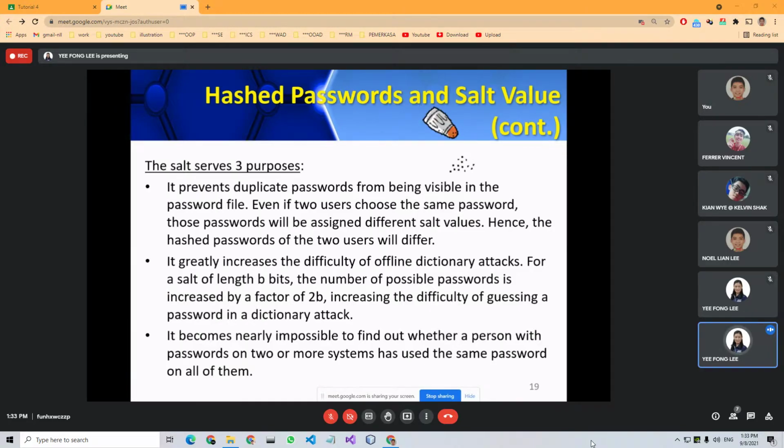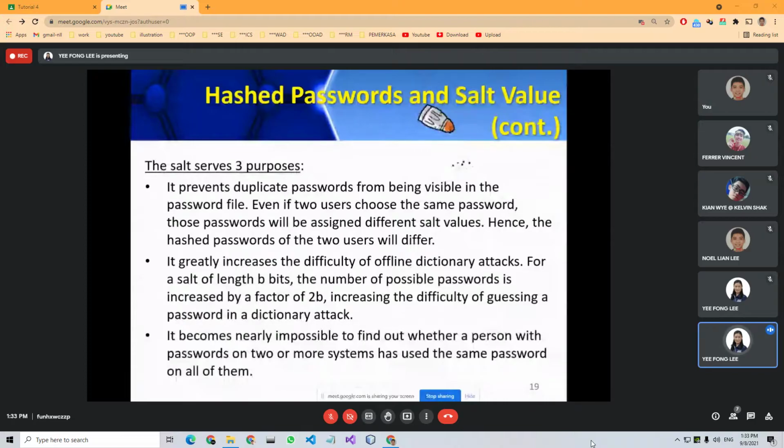So even if two different users use the same password, the salt value creates a unique hash. Hashing a password with salt is quick and easy to use, and greatly increases the difficulty of an offline dictionary attack. As I mentioned, all words that can be found in the dictionary are easy to attack, so adding the salt value increases the difficulty of guessing.